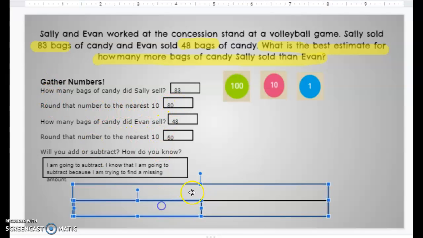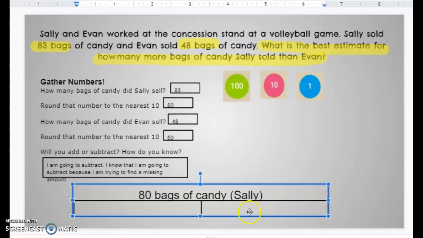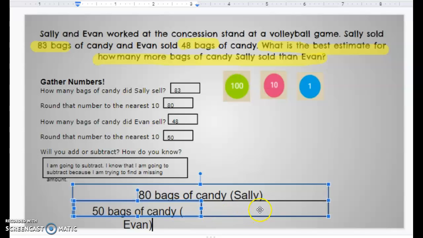So this is a total, and these are parts. Well, if I'm subtracting, when you're subtracting, you always have a total. So in this case, my total is going to be 80 bags of candy, and that's from Sally. One of your parts is going to be 50 bags of candy, and that's from Evan. This is your missing amount. This is going to be how many more.